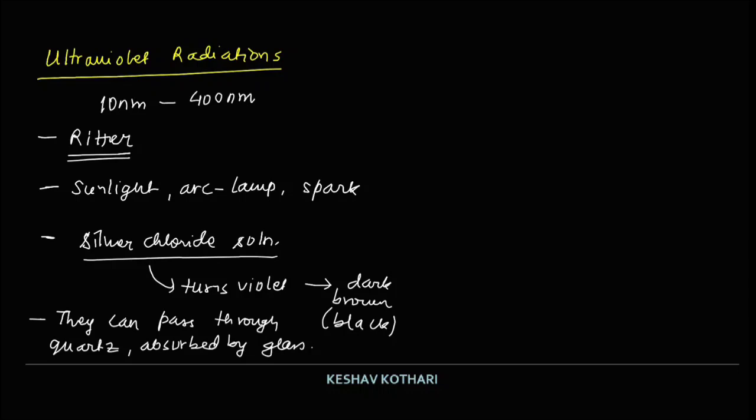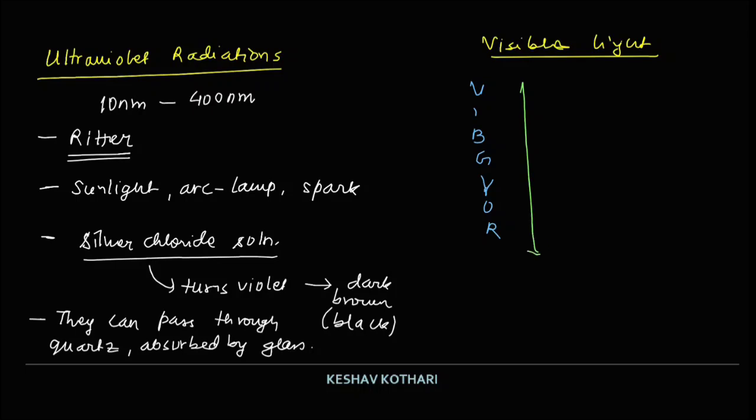The next that we discuss is something which we will be studying more about, that is visible light. When I say visible light, we tend to study it in terms of VIBGYOR. As we move down, the wavelength increases.